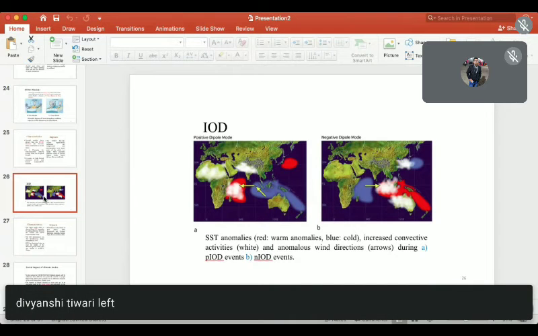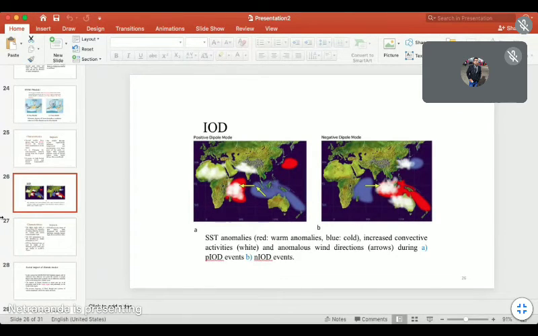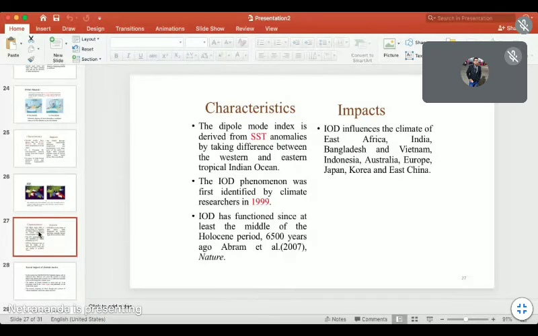So this is known as negative IOD. This propagates normally in September up to November. The dipole mode index is derived from the SST anomalies by taking the difference between the western and eastern tropical Indian Ocean. And this IOD phenomenon was first identified by climate researchers in 1999.